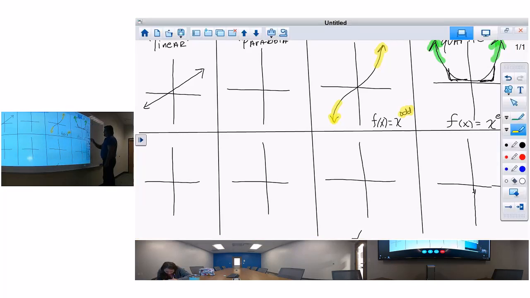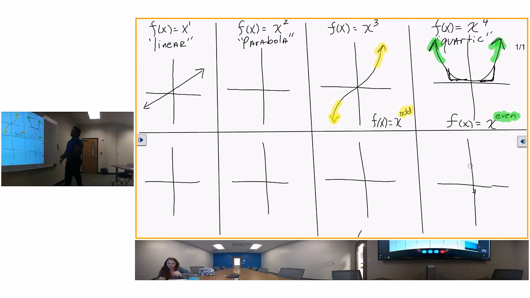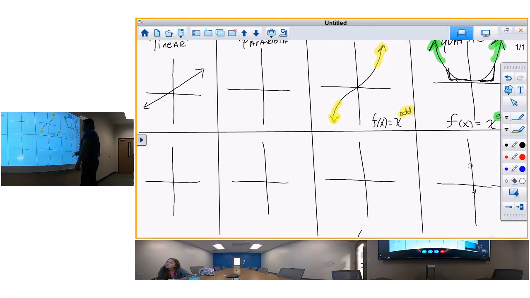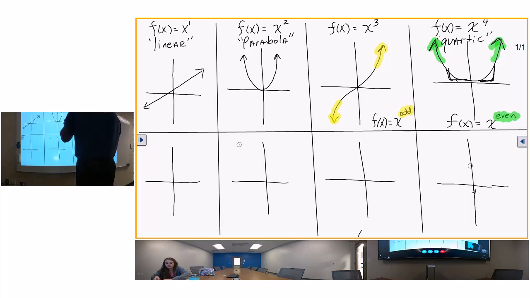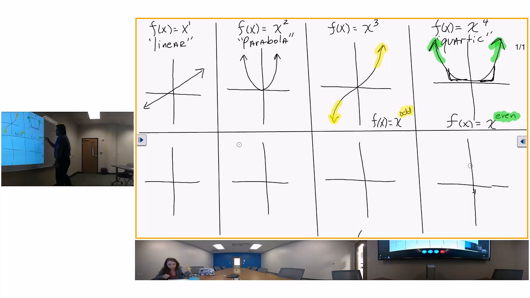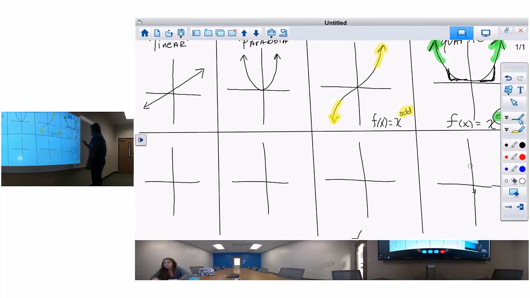Okay? So if I have an x to the 12th power, I know that my parabola is going to be very... What happened to my parabola over here? It just disappeared. Did I not draw it? There. On an x squared parabola, it's almost like a V. And the higher up you go, the more squared off your bottom is going to be.